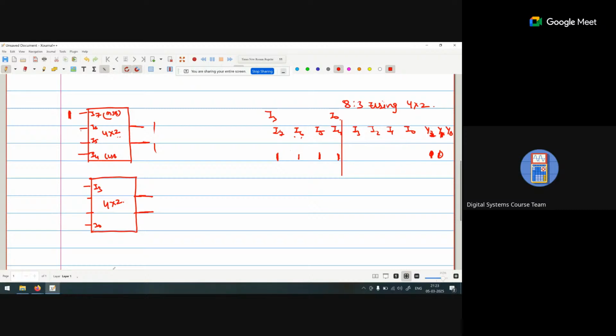And if I7 is 1, we are getting 1 1. Okay? Yes, sir. So when I7 is 1, we are getting 1 1. Now what should I consider? I just consider this one as a white window.